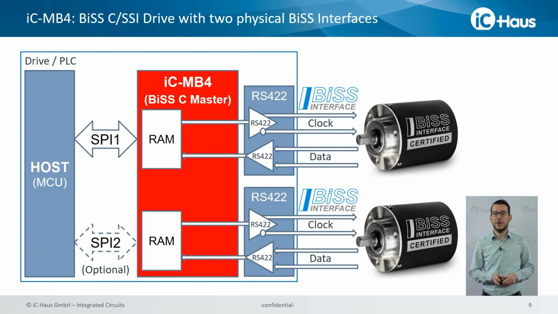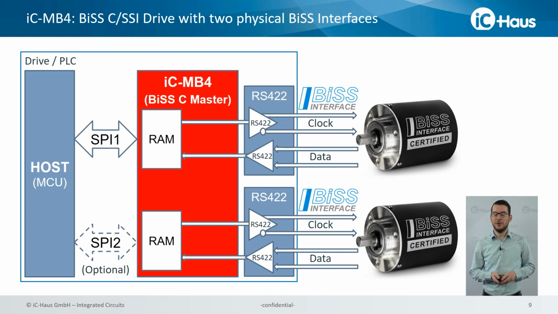In another configuration, we can also access two encoders in parallel. To this end, we use two physical BiSS interfaces within iC-MB4, but then we cannot use the internal RS422 transceivers. So in that case, we need additional RS422 transceivers to enable this parallel connection to the BiSS encoders.